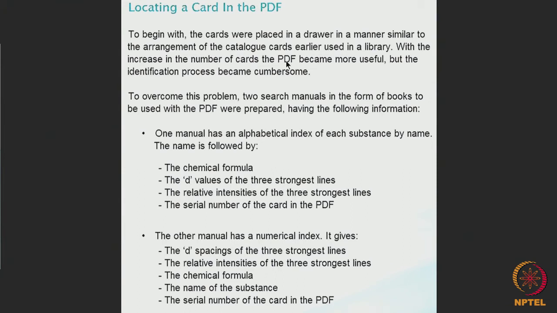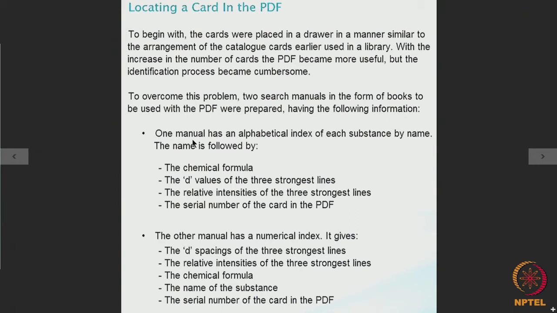To overcome this problem, two search manuals in the form of books were prepared, which are to be used with the powder diffraction file, and these two books have the following information.